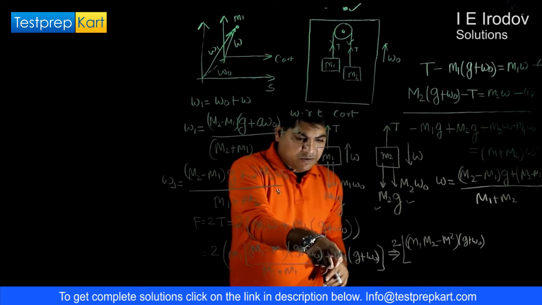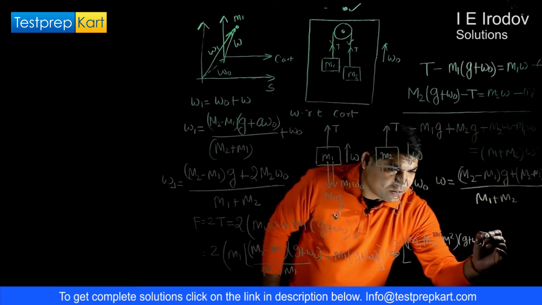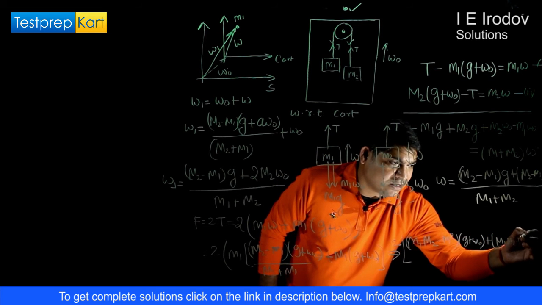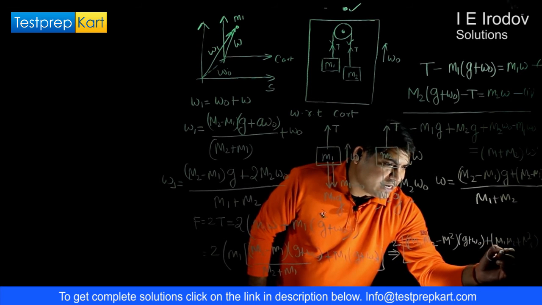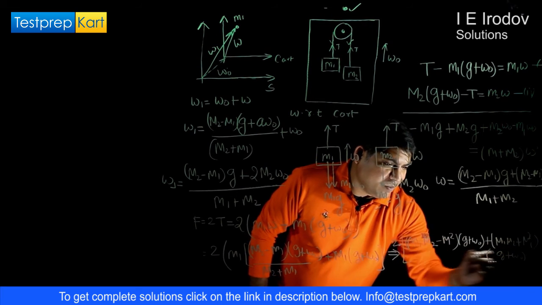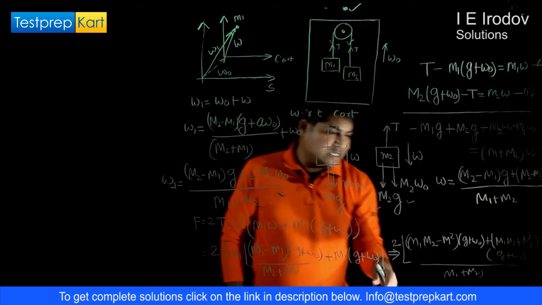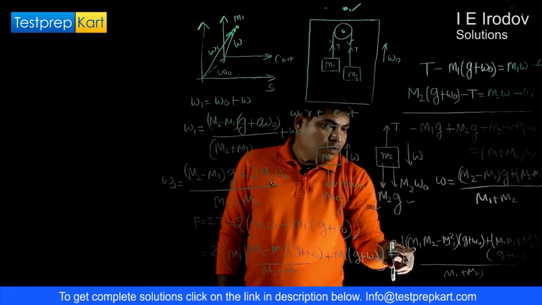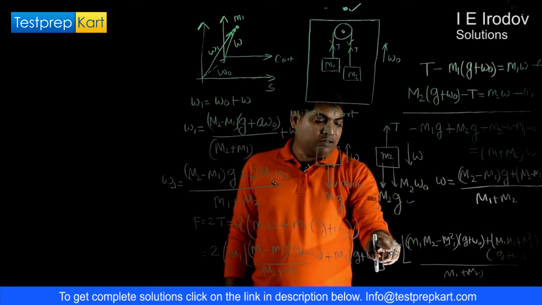From the other term we'll again get M1 M2 plus M1 square, and again the same term (G plus omega naught) upon (M1 plus M2). Here you can see M1 square and M1 square will get cancelled out. We'll add these two terms, so we'll get 2 M1 M2, and 2 is already outside here.